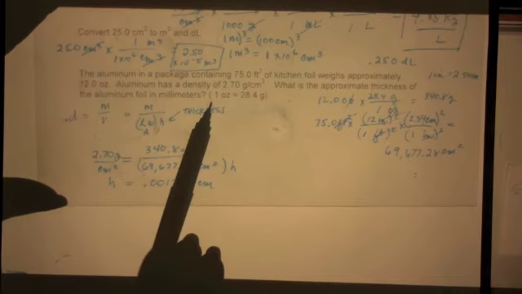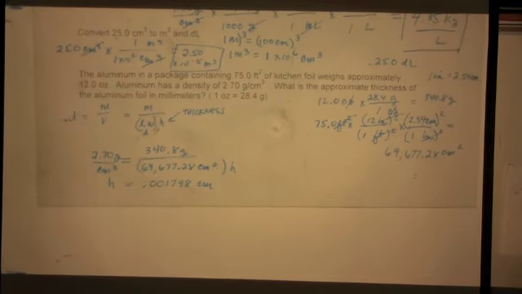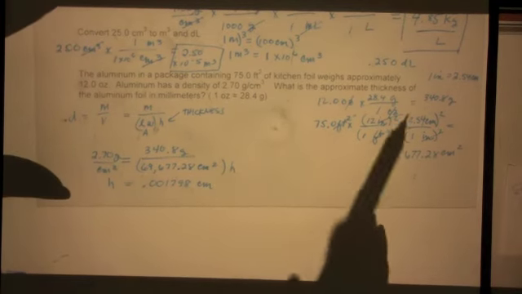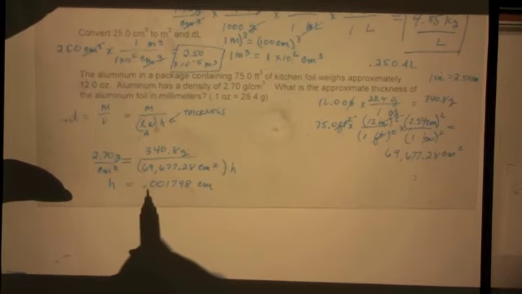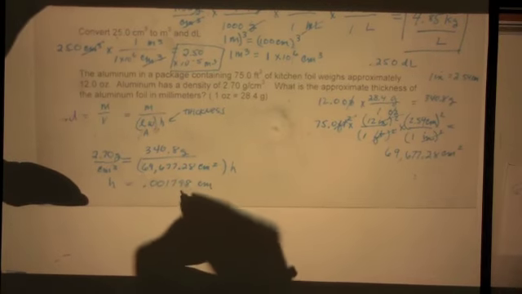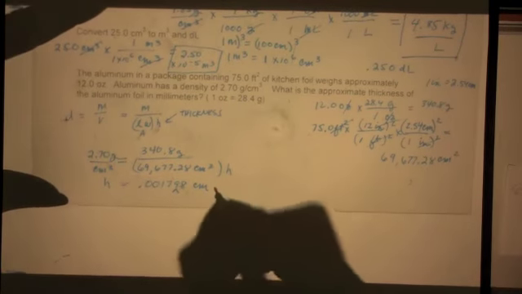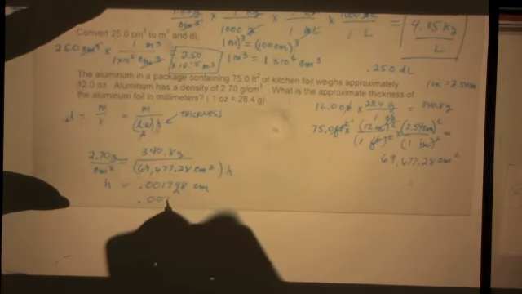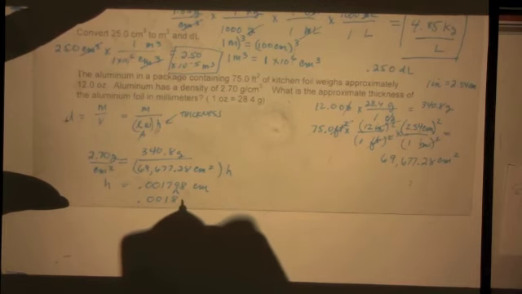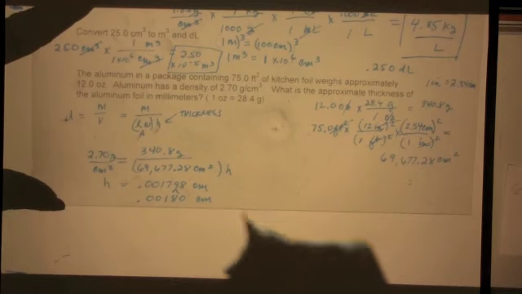So even though there's only 1 sig fig showing there, because this is a conversion, we assume it to be an infinite number of sig figs. So I really want to round my answer to 3 sig figs. And when I do that, not significant, not significant, 1, 2, 3, we're going to round it to 0.0018. And I need 3 sig figs, so I have to add a 0 there, and that's centimeters.